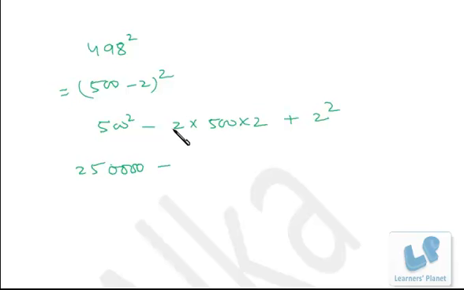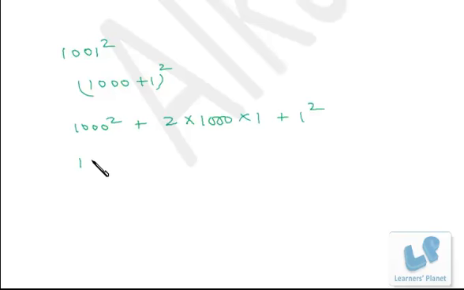Minus 2 into 2 into 500 is 2000, plus 4, right? So it's 250,000 minus 2000. First of all, we have to deduct. So after making this calculation, we'll be getting 248004. That is the square of 498.